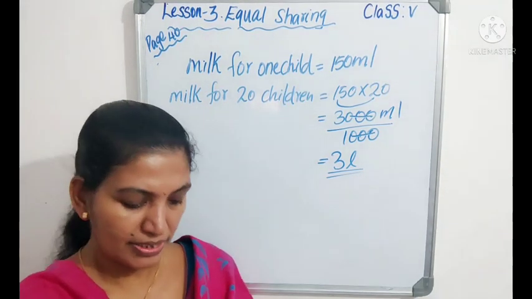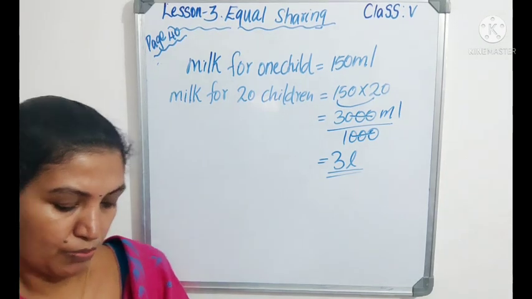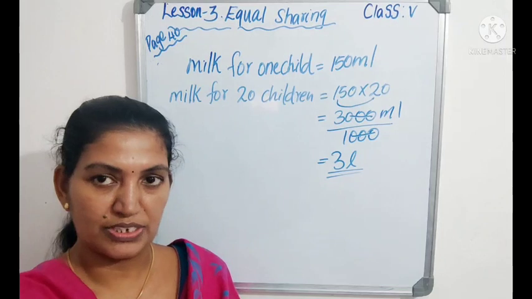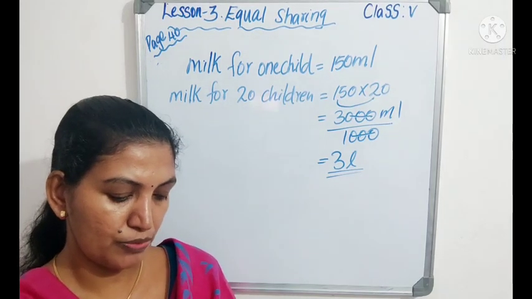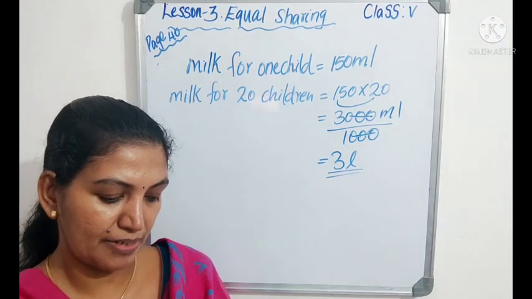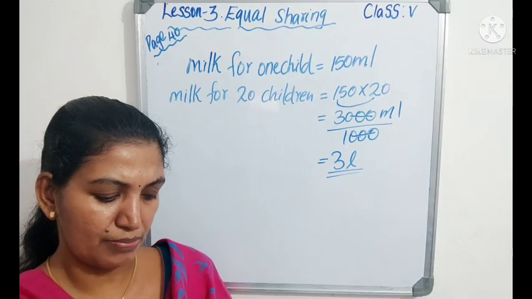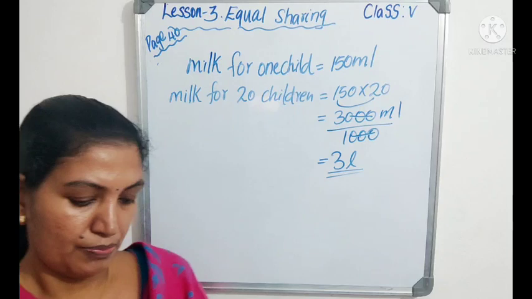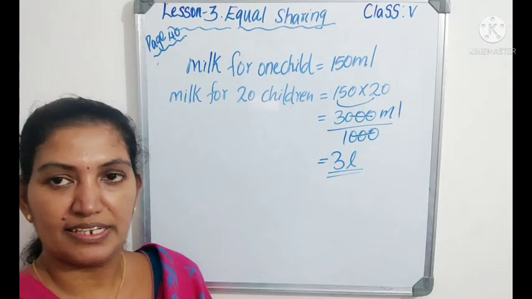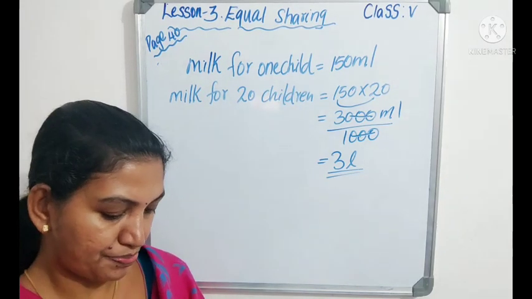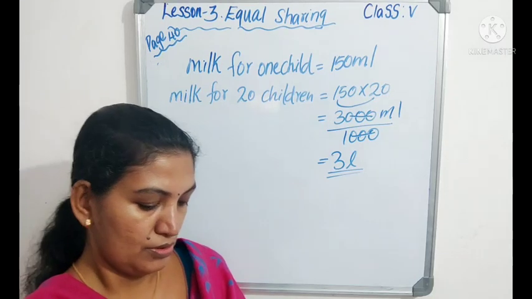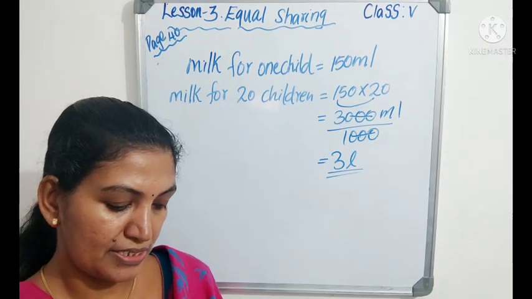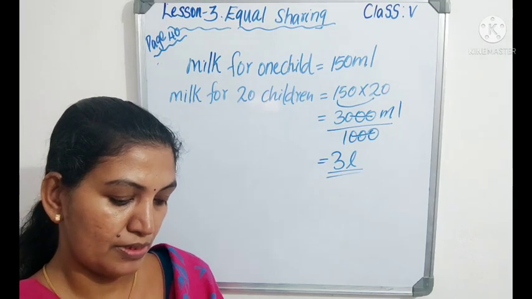Okay. Next, one more question, which is the continuation of the 6th question. In a school, 54 liters of milk is needed each day. How many children are given milk there? So in the same school, they need 54 liters of milk each day. Then how many children are given milk there?